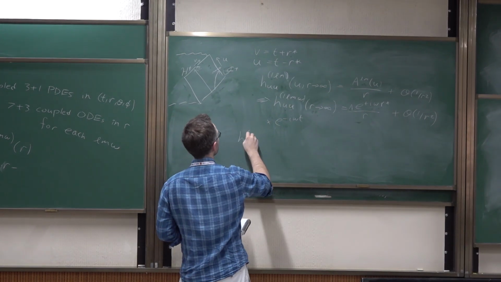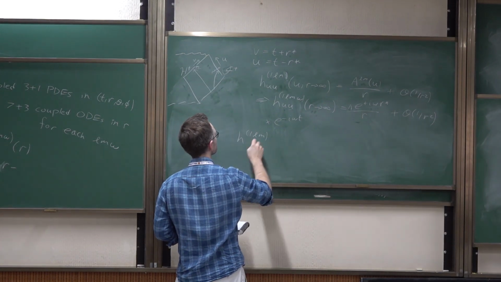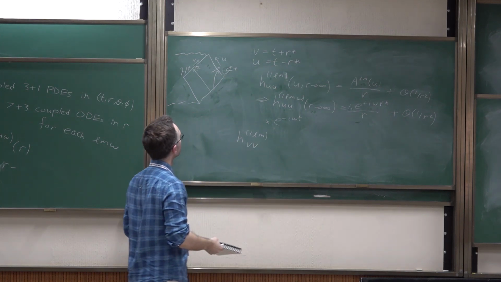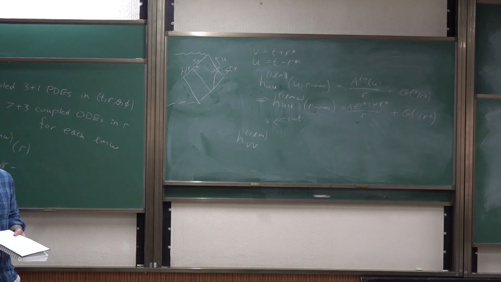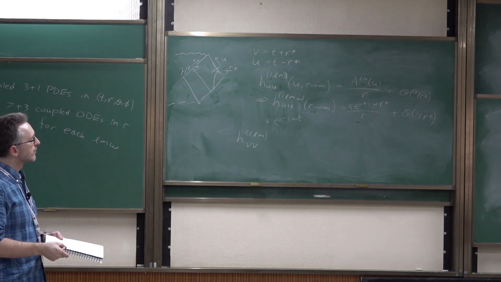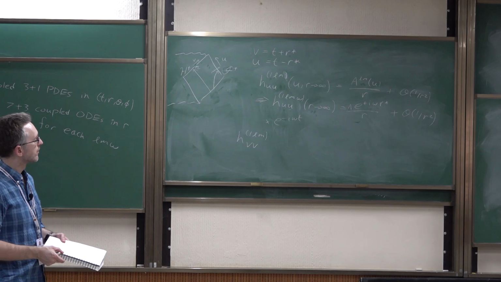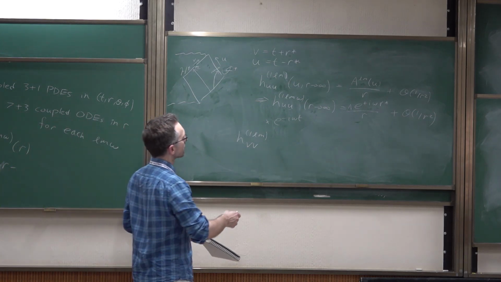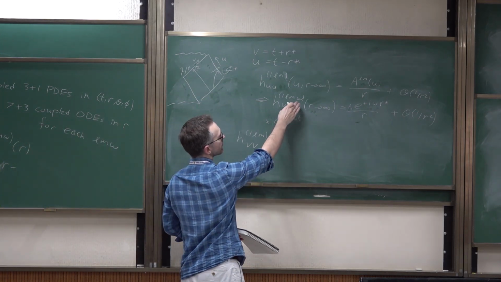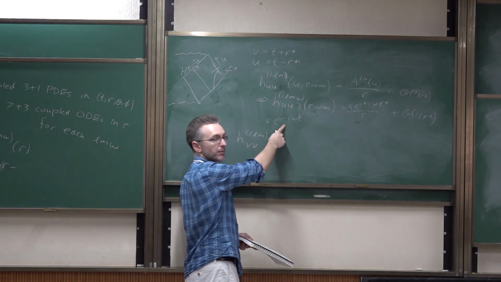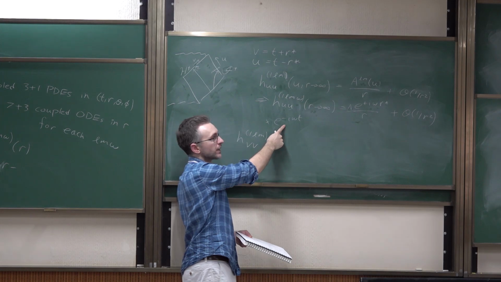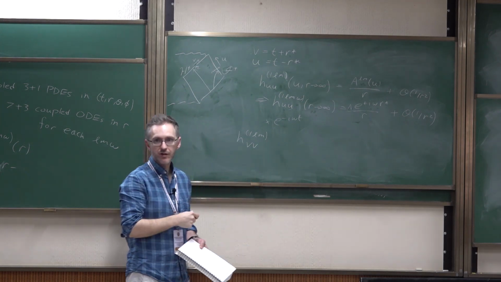Okay, now how about at the horizon? So say we're looking at the VV component in ingoing Eddington-Finkelstein coordinates. So I want a field in the frequency domain such that when I multiply by the Fourier factor, I get something nice and smooth as a function of u.